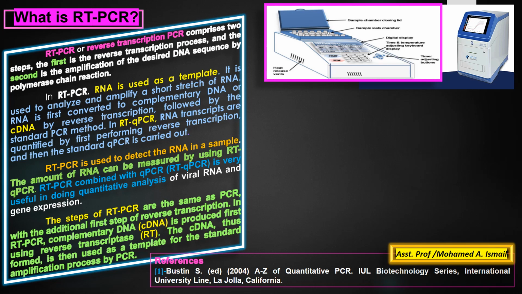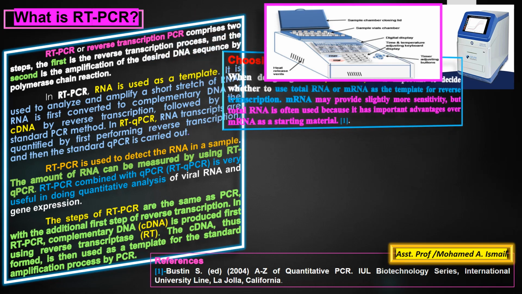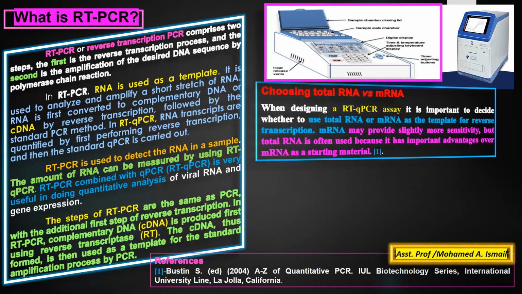Concerning the choice of total RNA versus mRNA when designing a RT-qPCR assay, it is important to decide whether to use total RNA or mRNA as a template for reverse transcription.